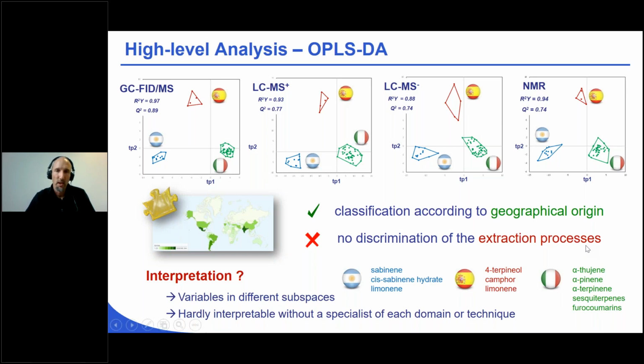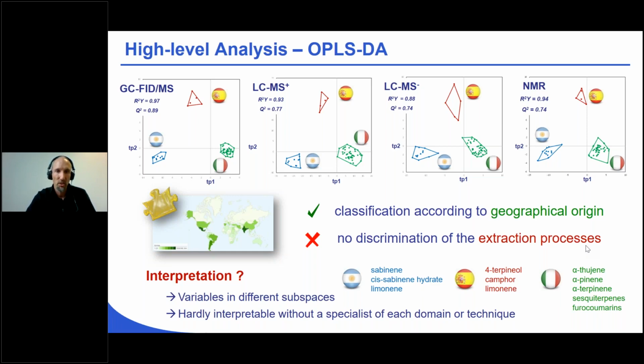So of course, then you can extract biomarkers to see which ones are more related to the different countries, but we had more difficulties to discriminate the extraction processes, and it looks like a single data source wasn't able to offer a sufficient classification of these extraction processes.